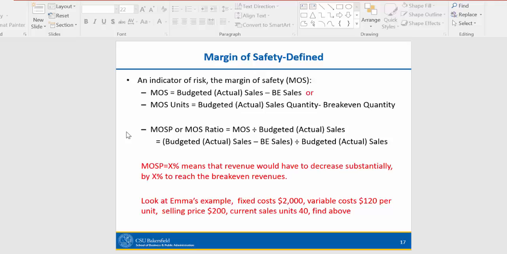The question is how far you are from the safety zone, because break-even means you have 0 profit. Definitely you want to stay above the break-even sales. There are 3 different concepts we're going to introduce, and each one has its own formula.